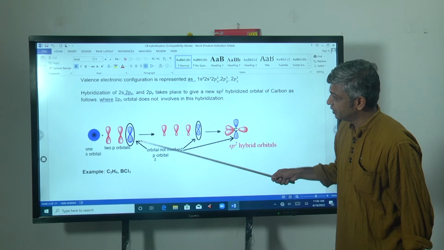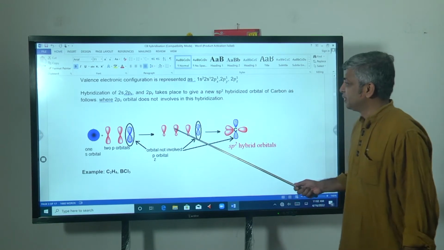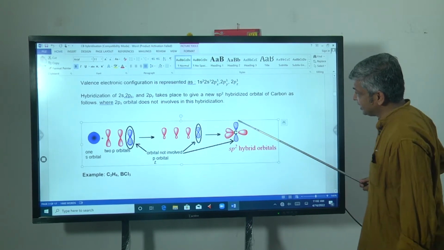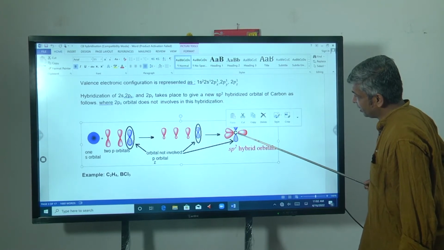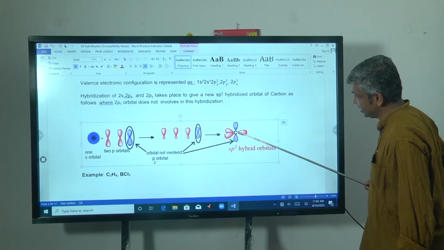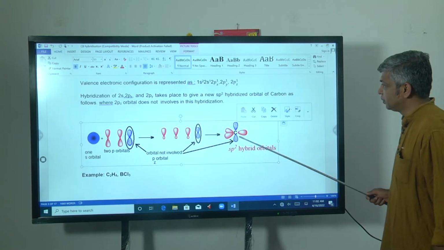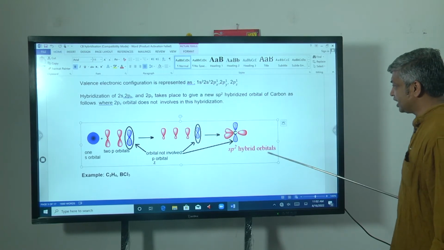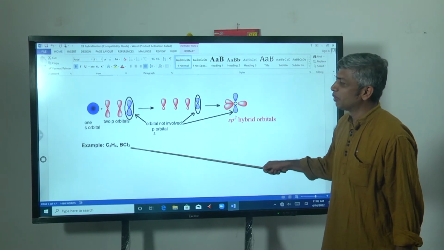I rounded pz because that orbital is not involved in hybridization. These three undergo hybridization. You can see the carbon with 2pz as it is, and the other three here itself. So you have 1, 2, 3, 4, 5 lobes. So it is called sp2 hybridized carbon. Examples are ethene, boron trichloride, and so on.